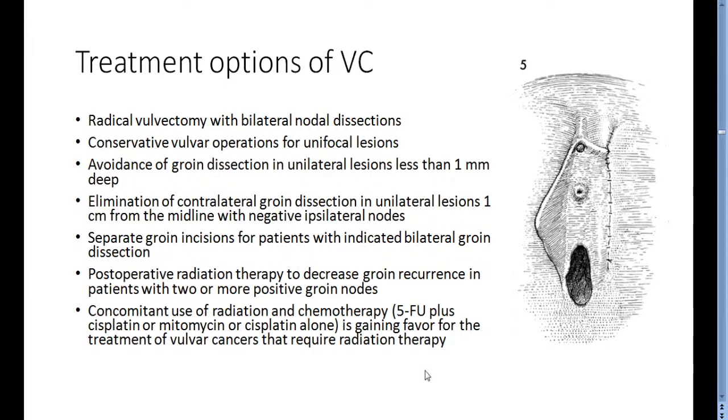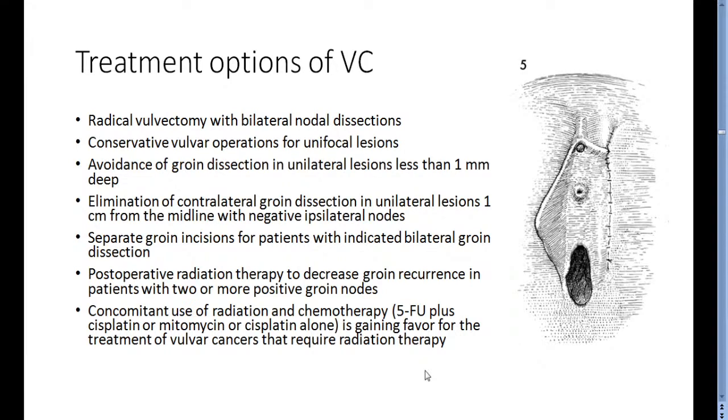But now in modern medicine, patients with vulvar carcinoma become younger, unfortunately, not only after menopause but sometimes before menopause, and those patients may be sexually active and want to be attractive.